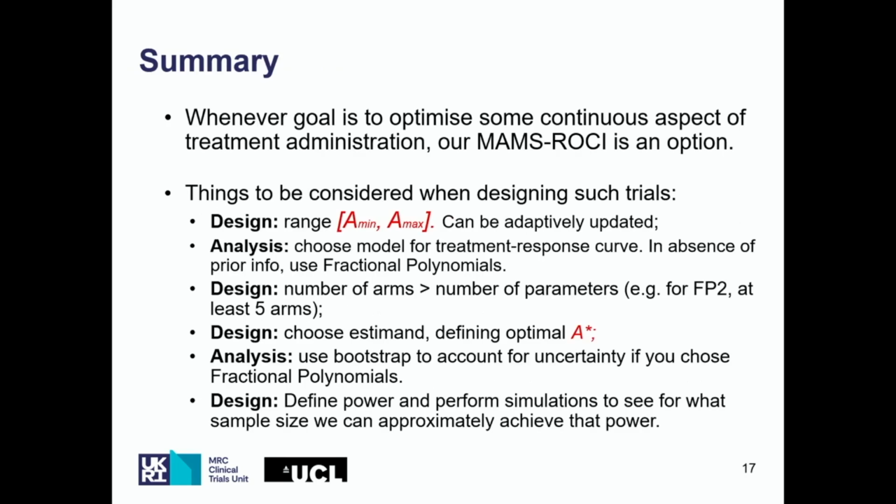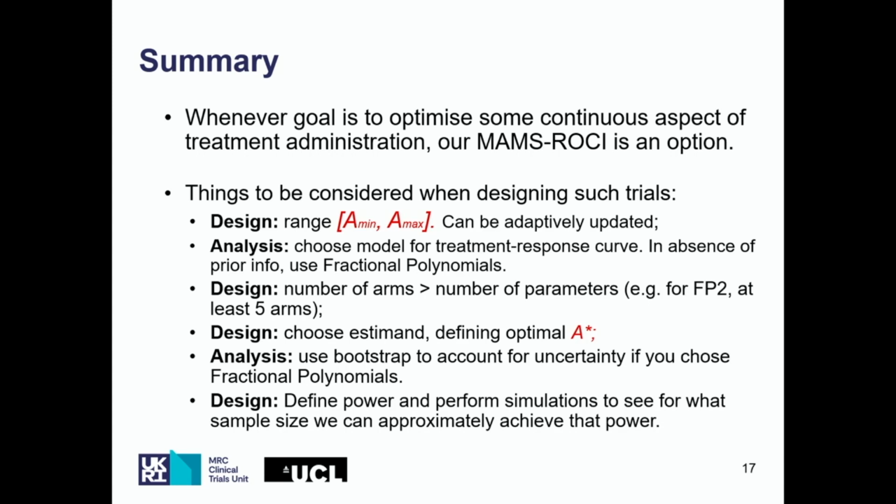So in summary, whenever the goal is to optimize some sort of continuous aspect of treatment administration, our MAMS-ROCI design is an option. I've looked at a few things that should be considered when designing such trials. One would think that design things usually have to be considered first and then analysis considerations come later, but actually these are interconnected with each other.